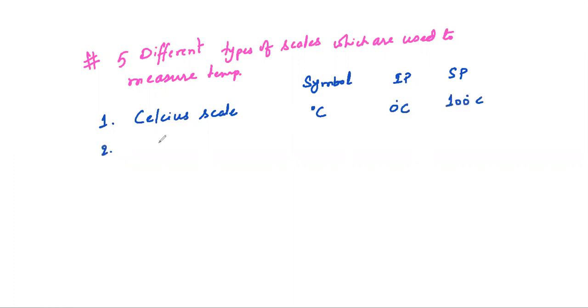The second one is the Kelvin scale. The symbol is K, and this is 273.14 Kelvin, and this is 373.14 Kelvin. This is also known as the absolute scale.